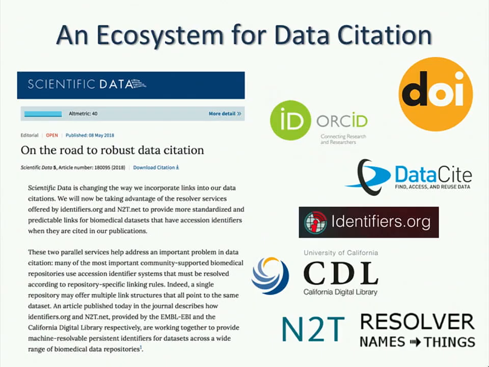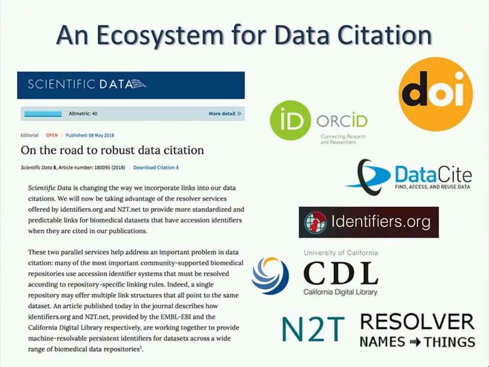Initially ORCID was able to track your papers, link them with your personal ID, and create an information object about you in terms of your research papers. In the last couple of years, ORCID has been expanding to include non-traditional publications, so research software and data sets now. They're expanding what you can add to your ORCID profile.